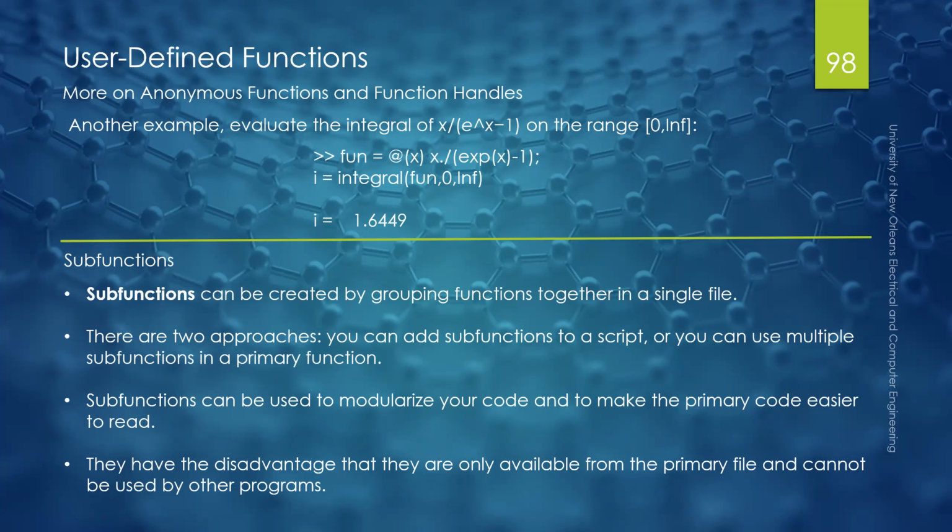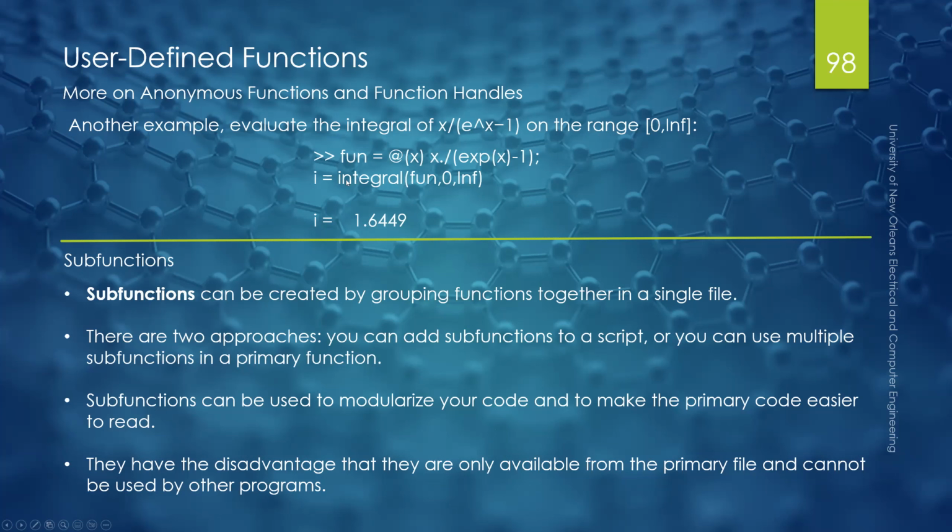And then it computes the integral of this function. Since this is already an anonymous function, it understands that this is a function. It's going to look for this fun just like a variable that has been defined already, and it's going to compute the integral from 0 to infinity based on this function.